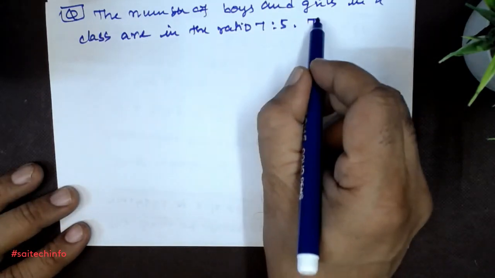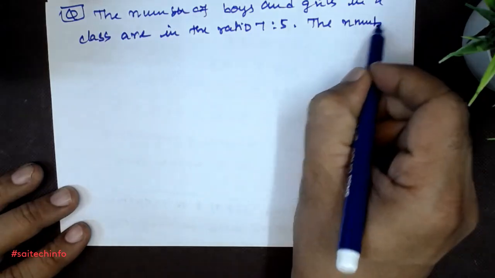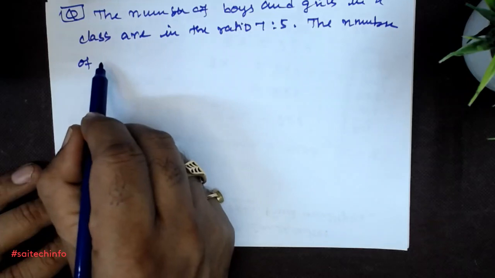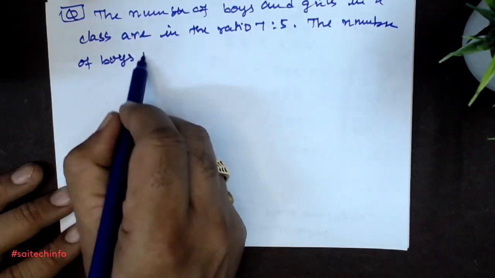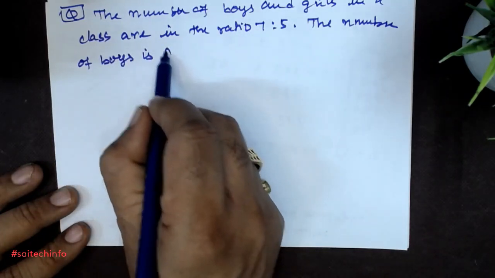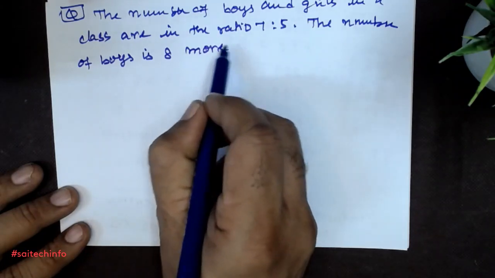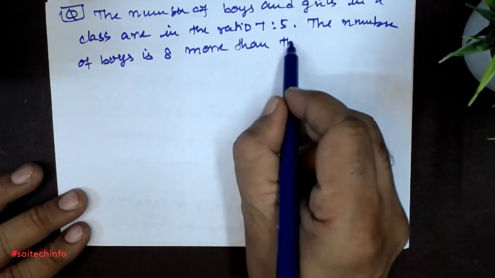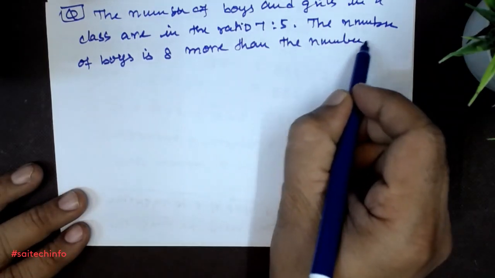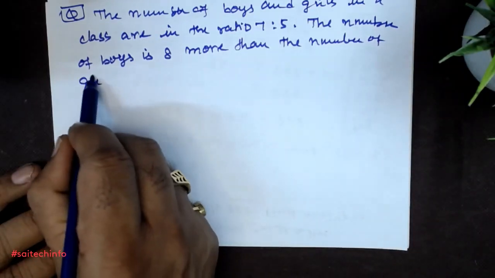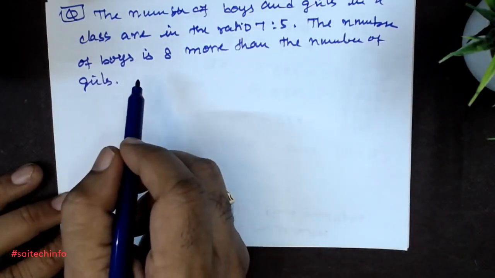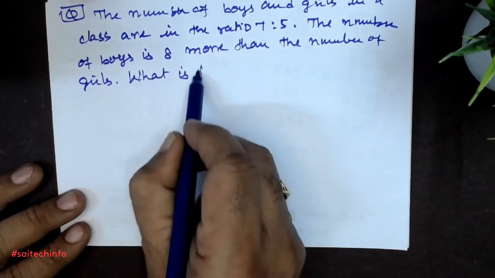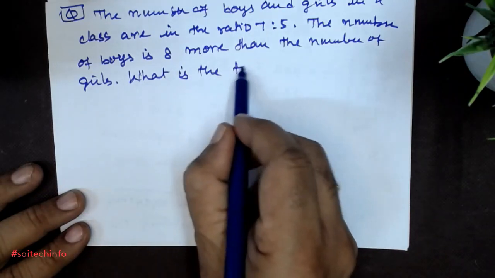The number of boys is 8 more than the number of girls. What is the total class strength?